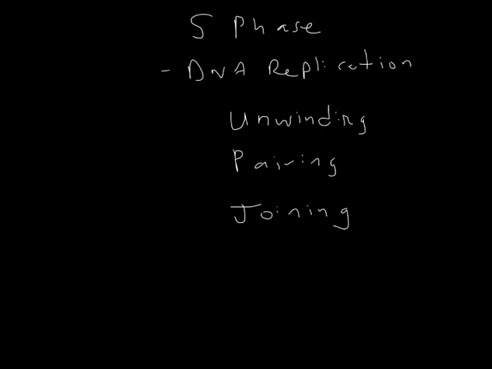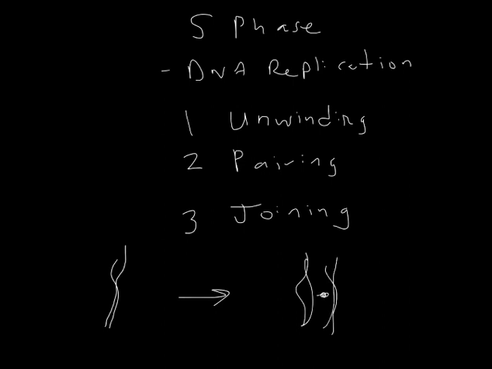And in that process we have what's known as unwinding, pairing, and joining, or a single DNA molecule gets copied into two DNA molecules. What's known as a chromatid becomes what's known as a sister chromatid. A single chromosome becomes a copy chromosome.